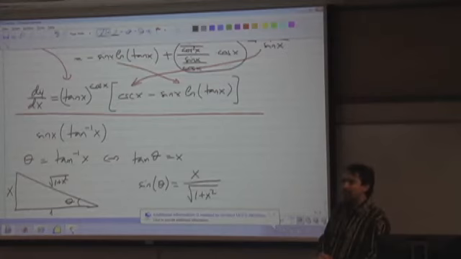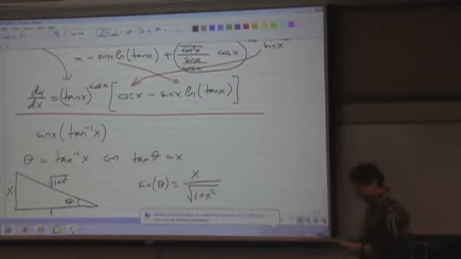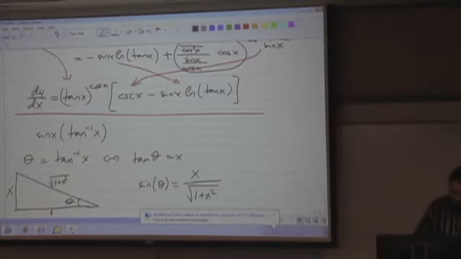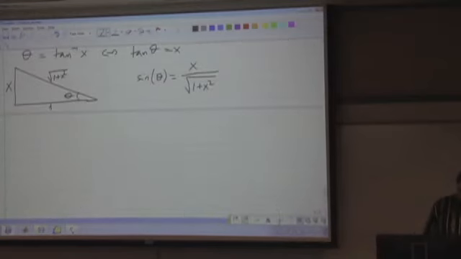Okay, what else? Number 8C. So we're supposed to solve ln of x plus ln of x minus 1 is equal to 1. So what should we do?